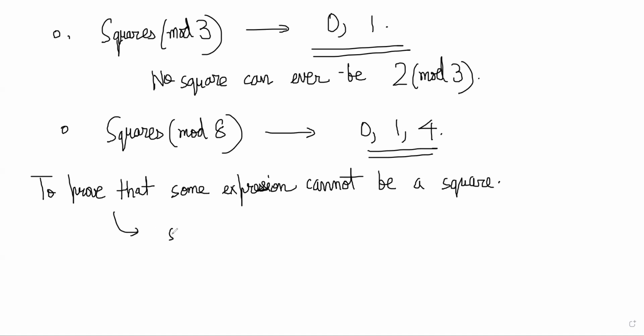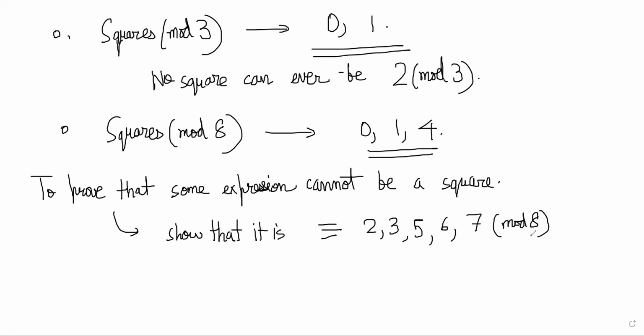We can just try to show that it is congruent to, possibly you can say, 2 or 3 or 5 or 6 or 7 mod 8. If you can show that that expression is congruent to 2, 3, 5, 6, 7 mod 8, then it is not fitting in the 0, 1, 4 residues that mod 8 is supposed to give us, right? So then it establishes a contradiction, and we can show that it is not a square.